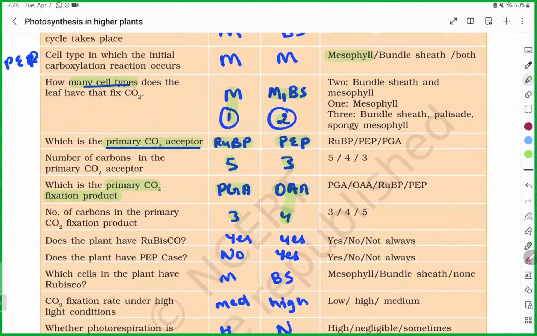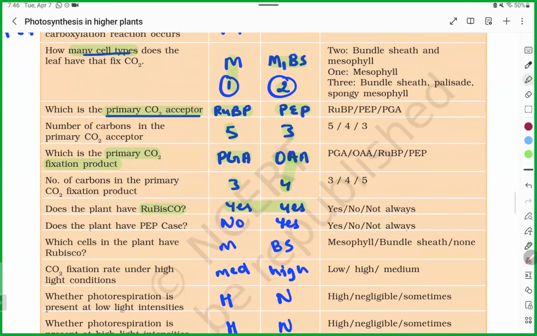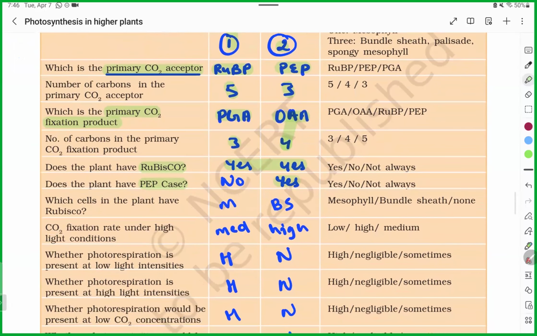Does a C3 plant have Rubisco, and does a C4 plant have Rubisco? Yes. Is PEP carboxylase present in both plants? Rayan? Only in C4. C3 plants do not have this.